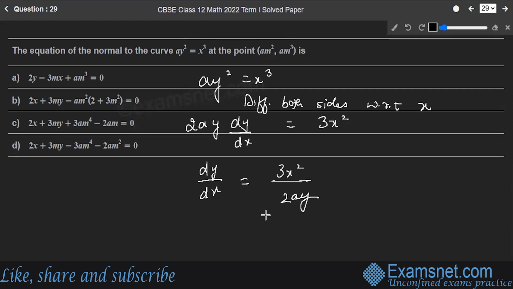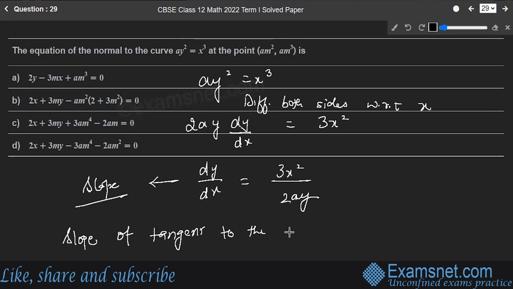Now, the slope of the tangent at the point. You know that the first derivative actually represents the slope. So this is the slope of the tangent to the curve.